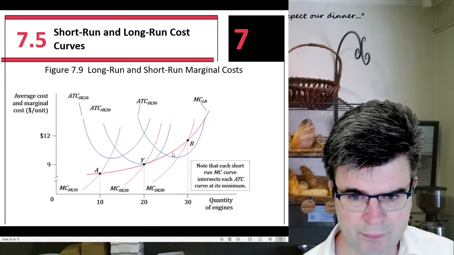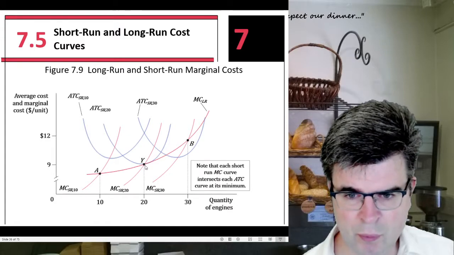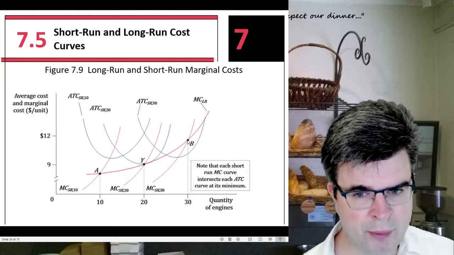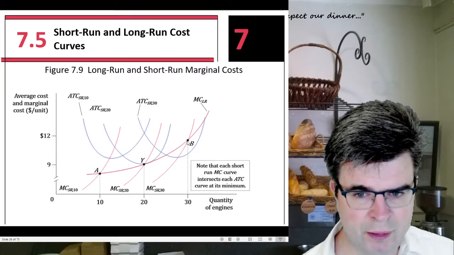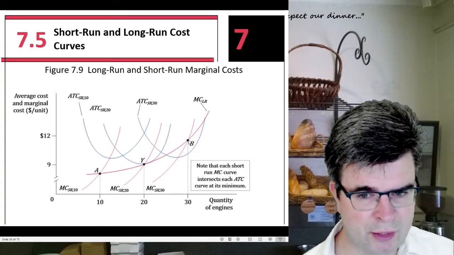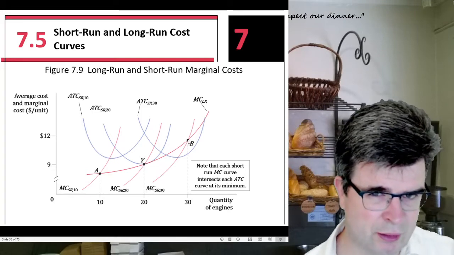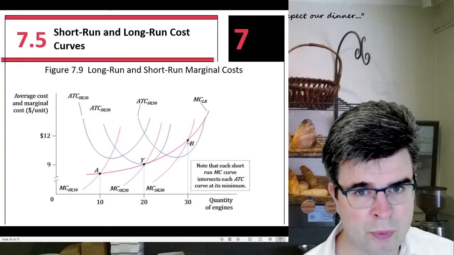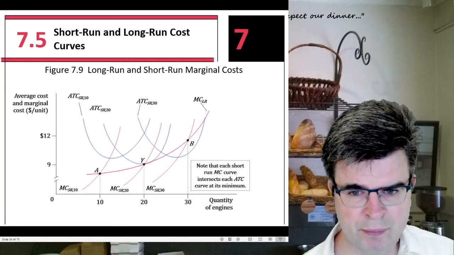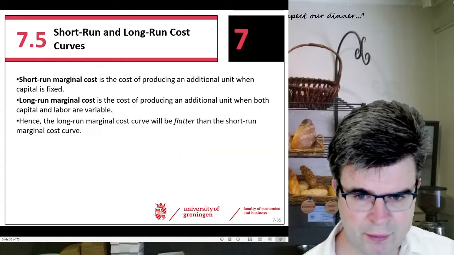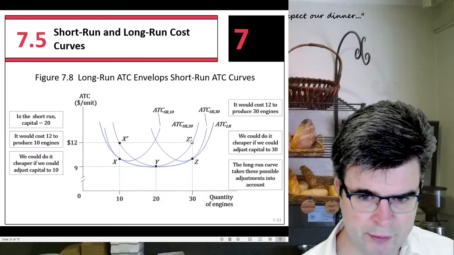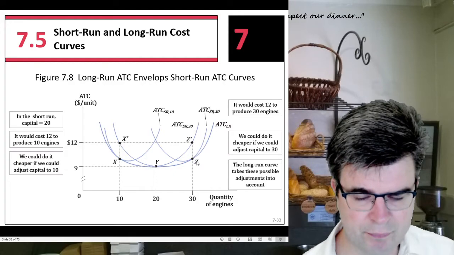So these are the points A, Y, and B. And for example, this B over here is the point where the short run marginal cost of producing an extra unit is exactly, for at least a short period, equal to the long run marginal cost of producing extra amount of output, and that is the point that is consistent with the point Z star over here.